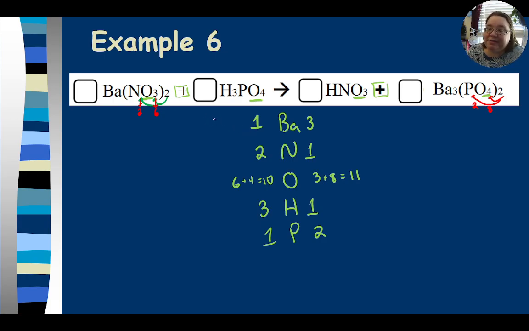So barium is the first thing that I see that's broken. I see that I need more bariums on the left. What times 1 will give me 3? Well, my coefficient has to be a 3. That 3 not only changes the BA, but it also multiplies my N. So I now have 6 N's.